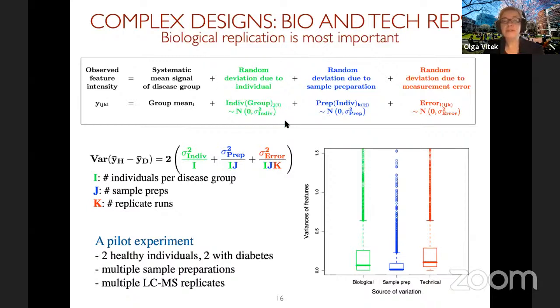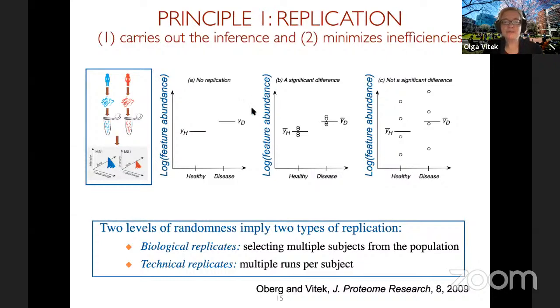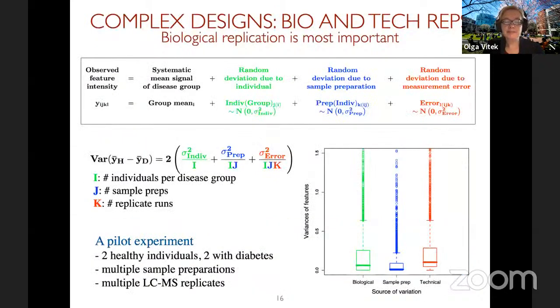The problem is when the independence is violated by sources we're not aware of. Okay, so this was to say that replication is an important principle, and that the biological replicates are the most important because they are the most principled way to reduce the noise associated with our signal.